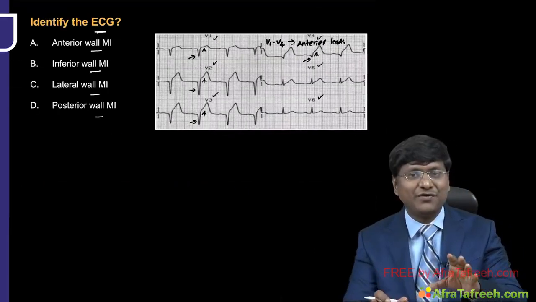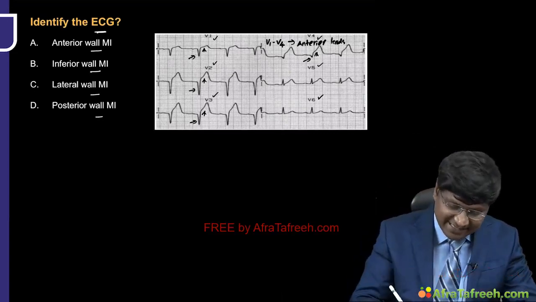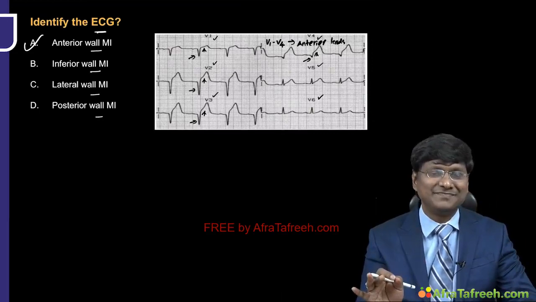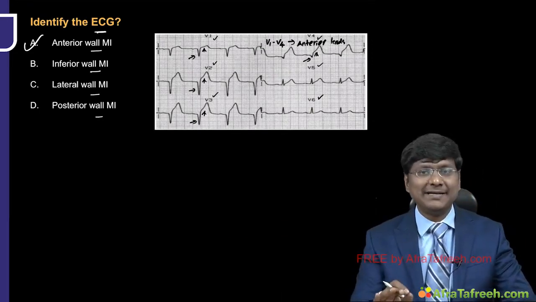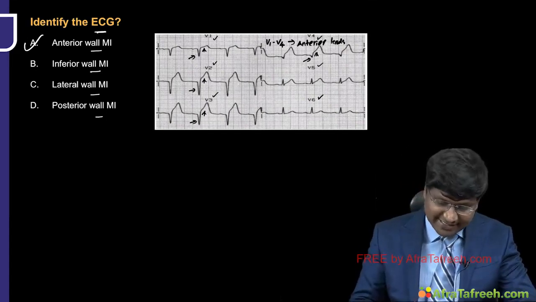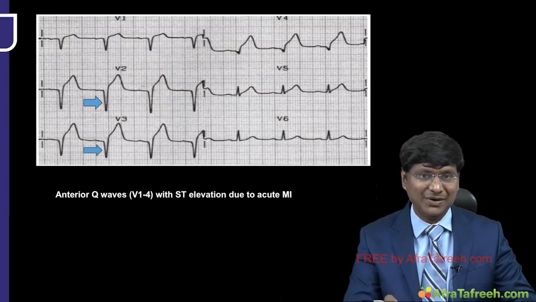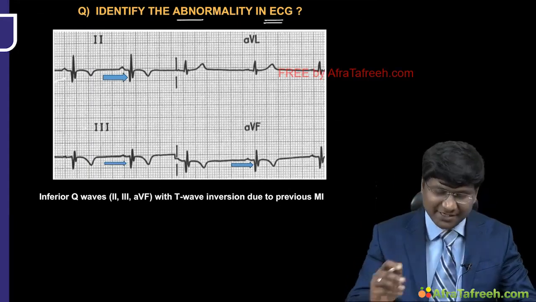So in V1 to V4, which are the anterior leads, you have ST segment elevation, and this is considered to be a fully evolved anterior wall MI. Okay, next, you see the next one. So this is the ECG of fully evolved anterior wall MI.